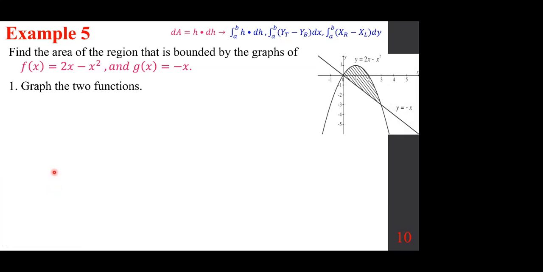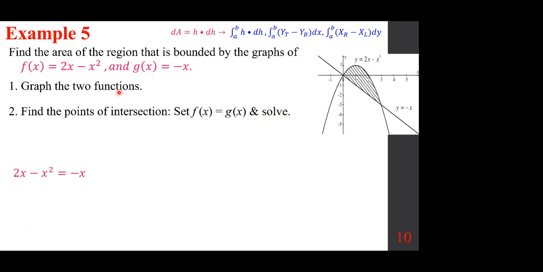Okay, so now the next thing is to find points of intersection. And so you set f of x equals g of x. The reason we need it is because when we do the integration, class, we need to know from a to b what a and b are. So we graph the two functions. Algebra. We find points of intersection. Algebra. Let's put it on the same side.